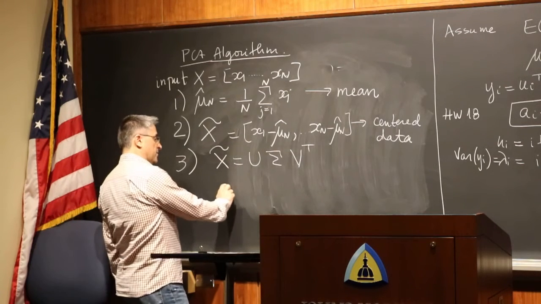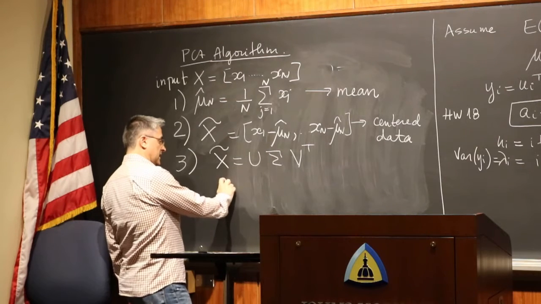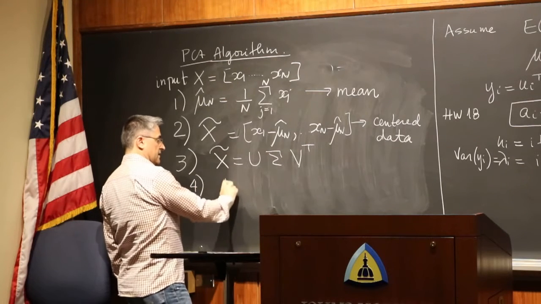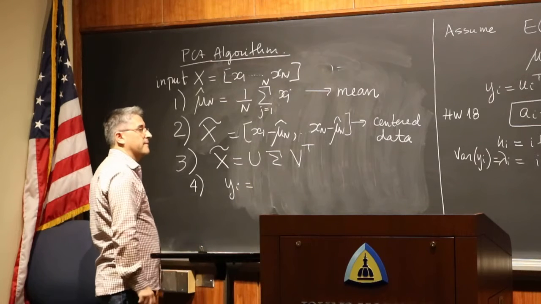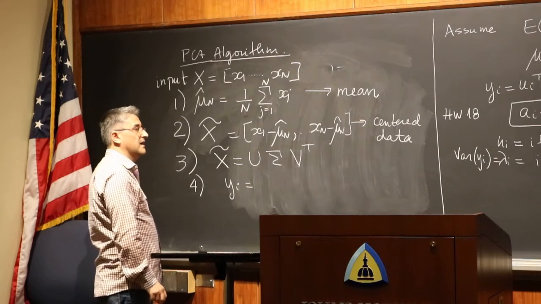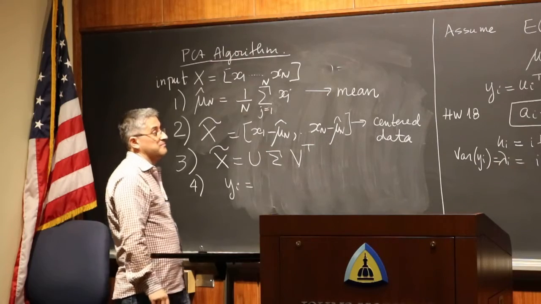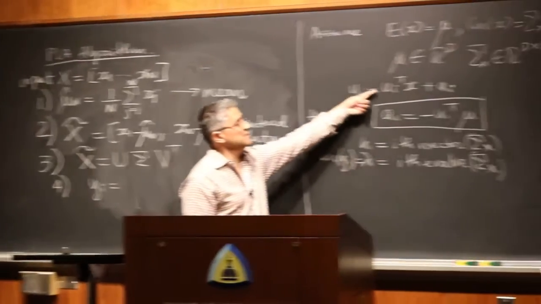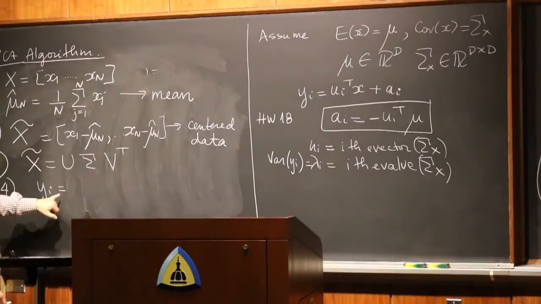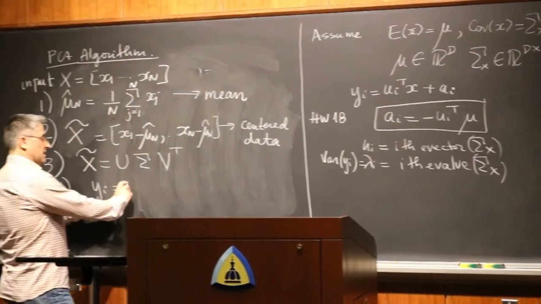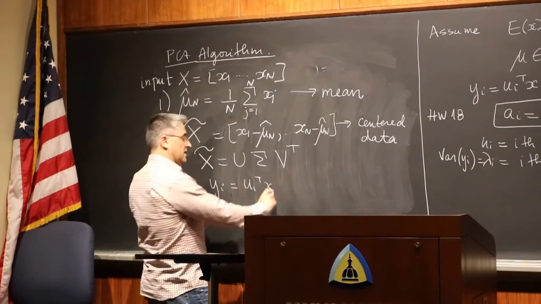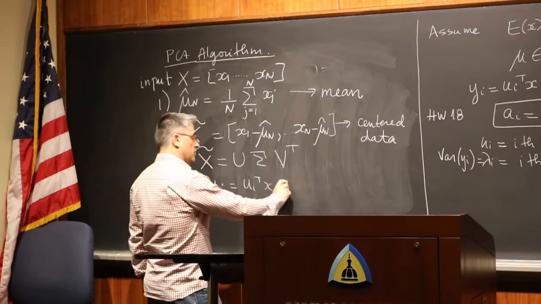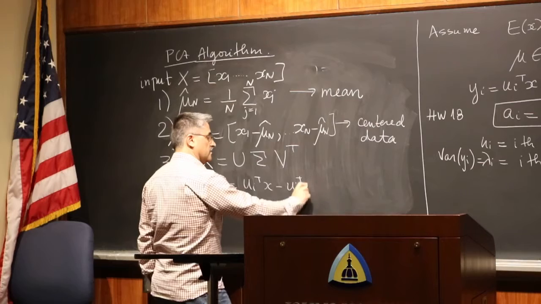So the principal components that I'm after, by the way, I probably never substituted, but let me put these two together. What is the principal component at the end of the day? It is ui transpose x, and then a sub i is minus ui transpose mu.